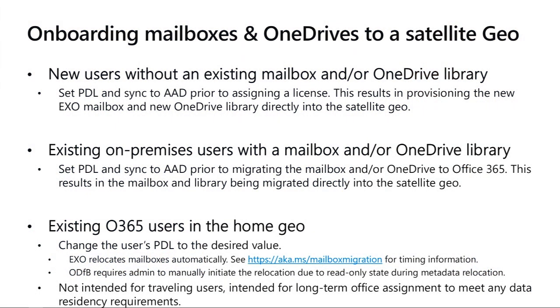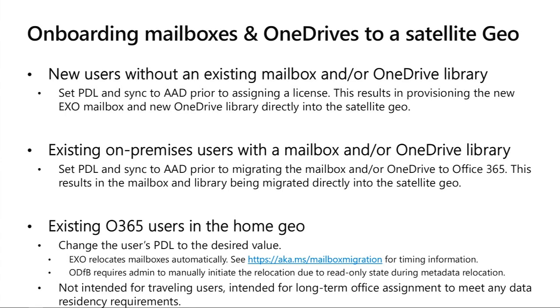So if I hire somebody and my tenant's default geo is the European Union, but I'm hiring somebody that's going to work in Australia, then this is the process that I have to take. Essentially, at the same time I assign them a license, or before I assign a license that's going to provision a OneDrive library and an Exchange mailbox, you would set that PDL value to where you want them to be. So for Australia, that would be AUS.